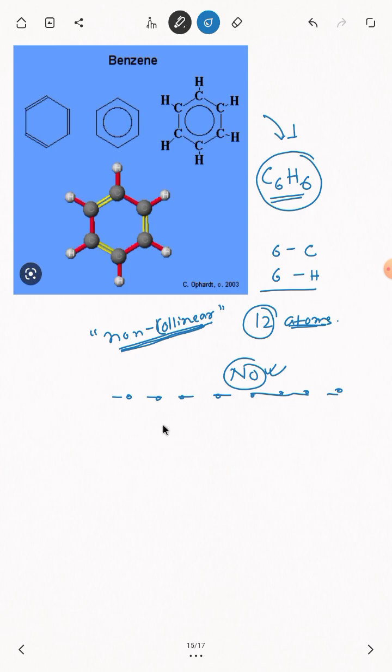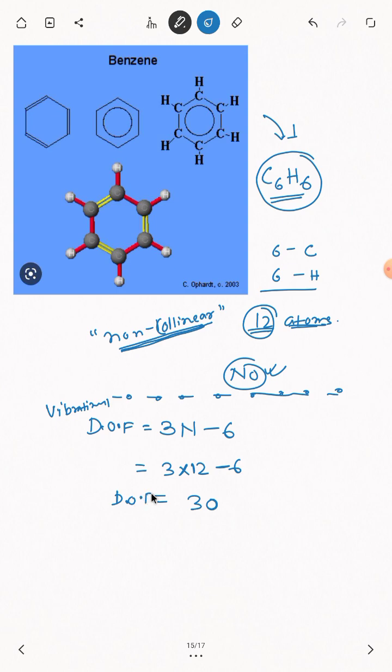And we have already seen that vibrational DOF for non-collinear is 3n minus 6. That means 3 into how many atoms are there? 12. So minus 6, that means 30. So the answer for benzene in case of vibrational degree of freedom will be 30.